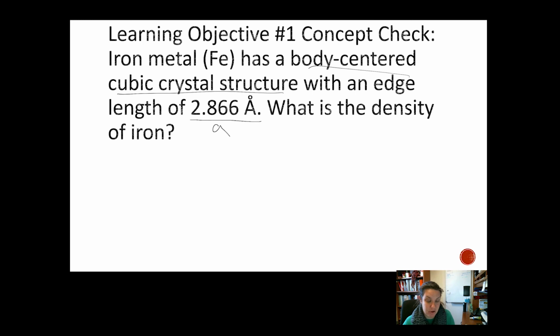With a body-centered cubic, we still have our 8 corner pieces, so each of them are an eighth, giving us 1 total, and then we have 1 atom in the center, completely in the unit cell, so that gives us 2 total atoms. So we take our mass of our iron. We have 2 atoms.